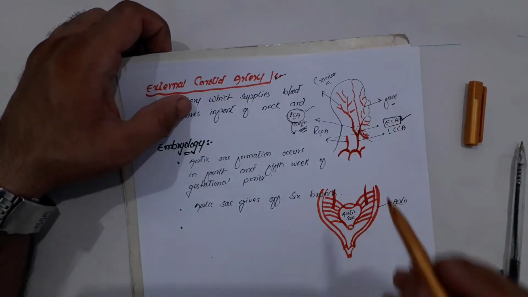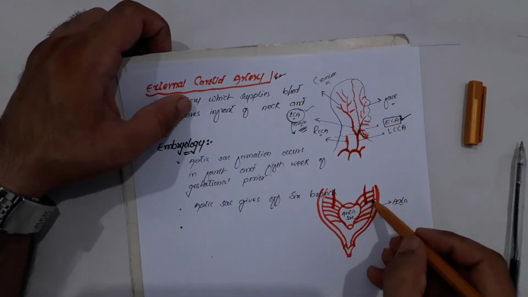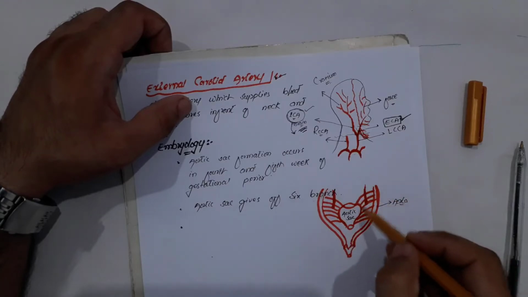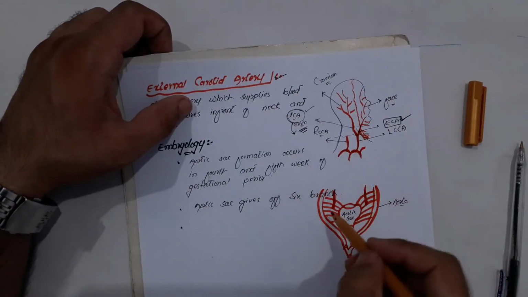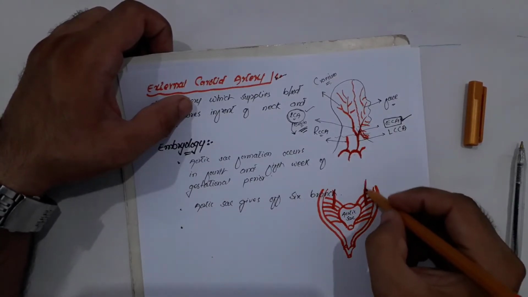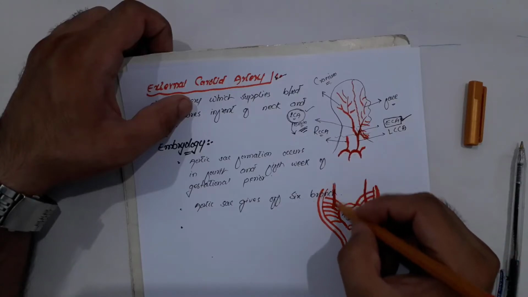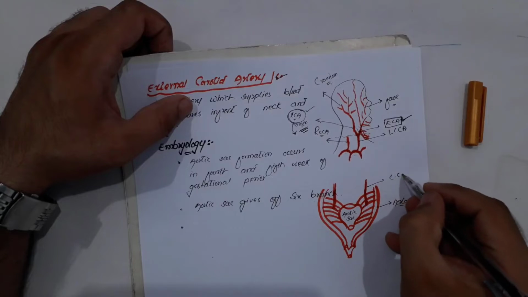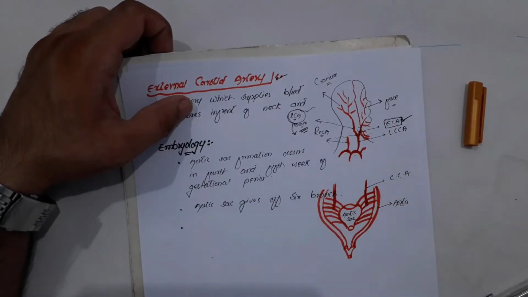This branch will turn into the arch and further formation of the aorta, and on the right side, this branch will form the brachiocephalic artery. Clear, friends? So these two arteries are the common carotid arteries, right and left.